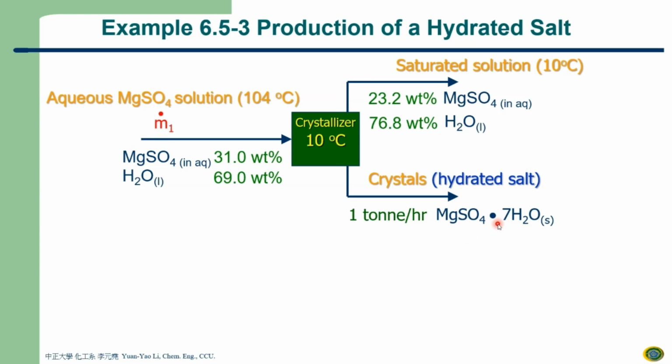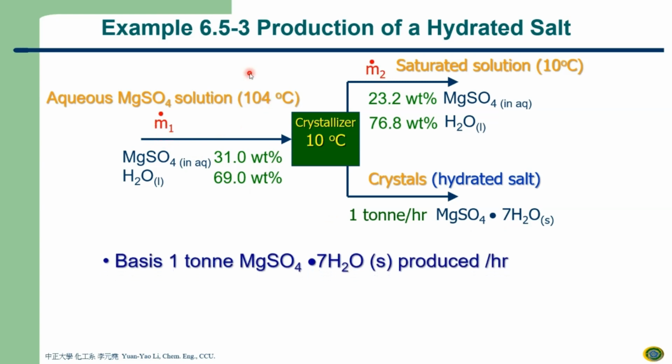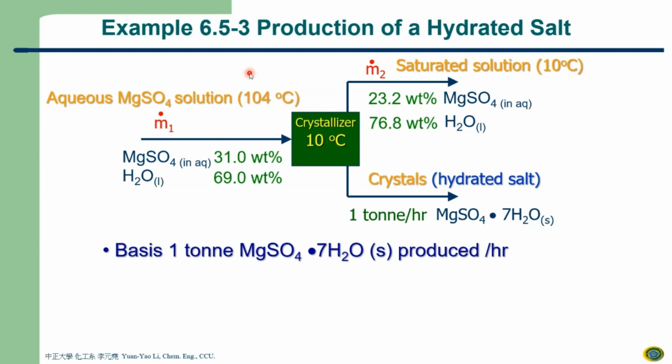And the important thing is that you want to find out what is unknown here. It's M1, M2. Okay, so you have 2 unknowns, and you have 2 equations. You have 2 species, magnesium sulfate and water. But the problem here is that the crystal is hydrated, so for the mass balance, you don't use this hydrated salt. You should use water and magnesium sulfate.